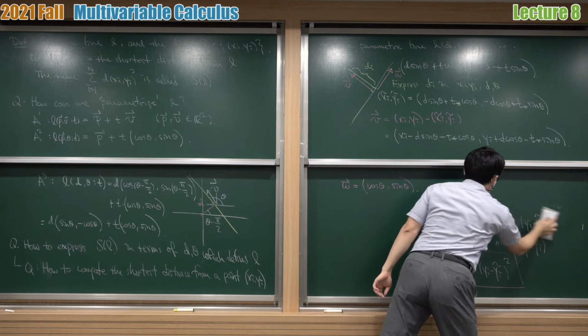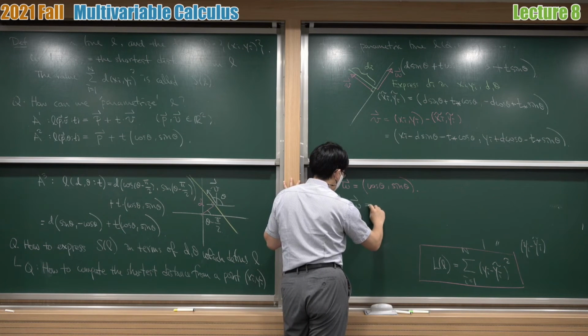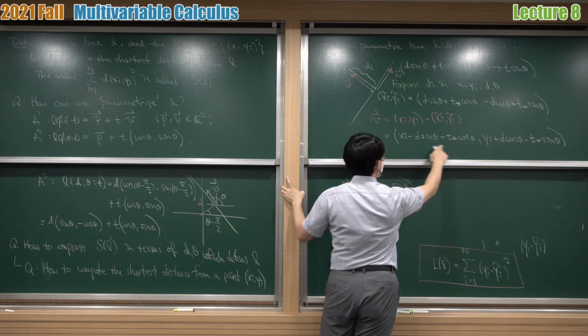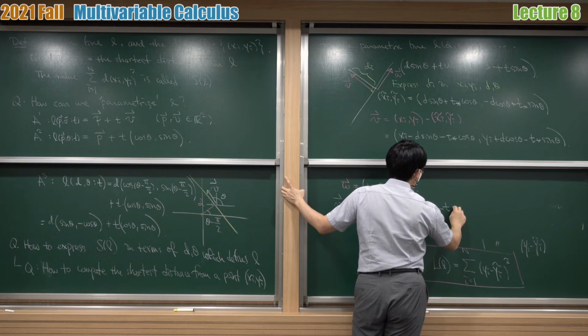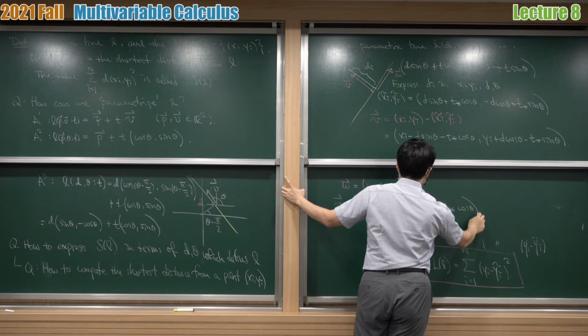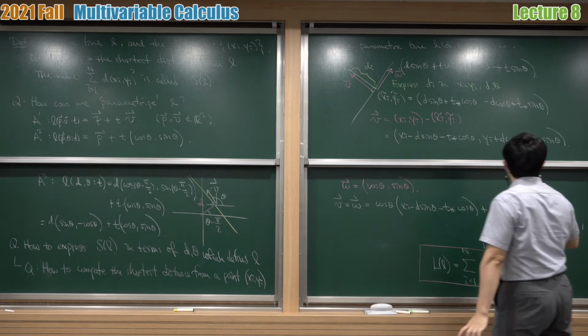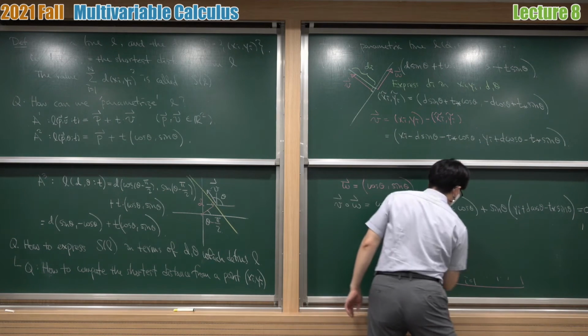And I'm using the property that vector v and vector w are perpendicular, which means the inner product is 0. So we have cosine theta times xi minus d sine theta minus t star cosine theta, plus sine theta times yi plus d cosine theta minus t star sine theta, equals 0.